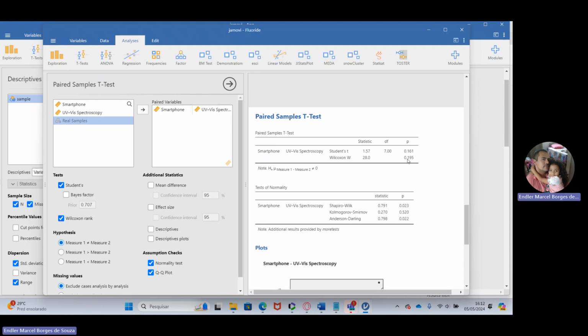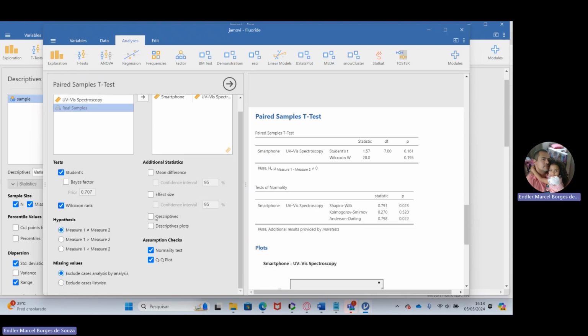Well, in this circumstance, when the values obtained using the two methods are very close, numerically close, you don't have a lot of trouble in using a parametric or a non-parametric test. Normally, the results obtained with a parametric and a non-parametric test are close. However, since our data was not normally distributed, we must use the Wilcoxon rank test.